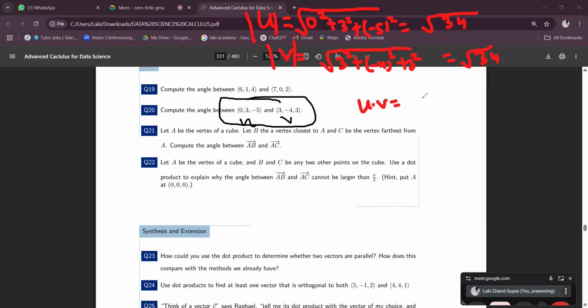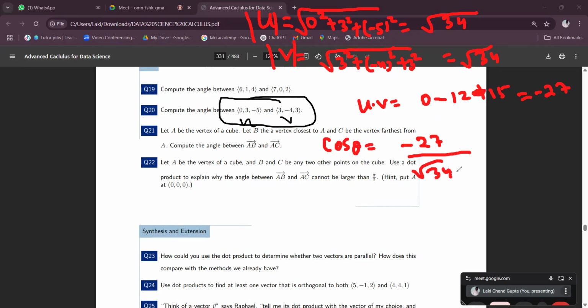U dot v is minus 27, right? Minus 27 over 34.